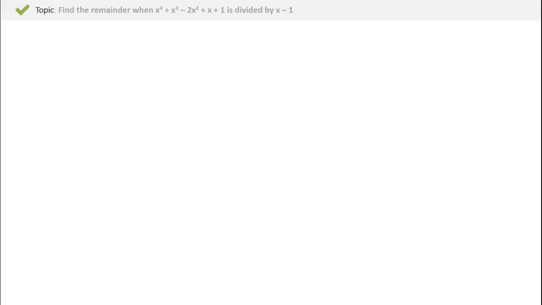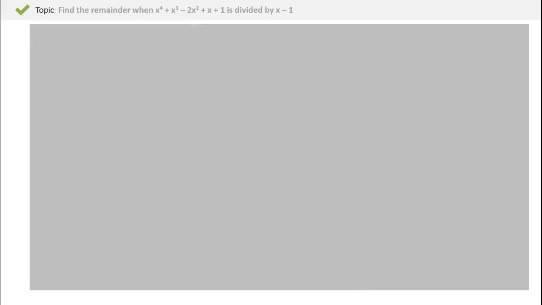Now, find out remainder when x to the power 4 plus x cubed minus 2x squared plus x plus 1 is divided by x minus 1. So I got two polynomial and I'm trying to divide one with other. In this example, how do I find out when I divide two polynomials together, right?